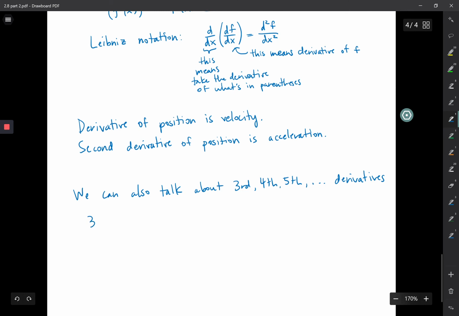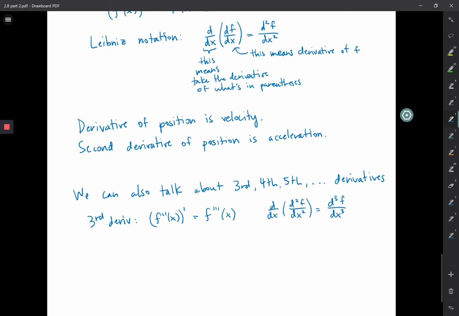And so for the third derivative, the notation, the derivative of the second derivative, we just add another apostrophe there. Sometimes I'll say this f triple prime. Okay, and then the Leibniz notation, basically same idea. The derivative of our second derivative is the third derivative, so we just have a 3 now as our power.